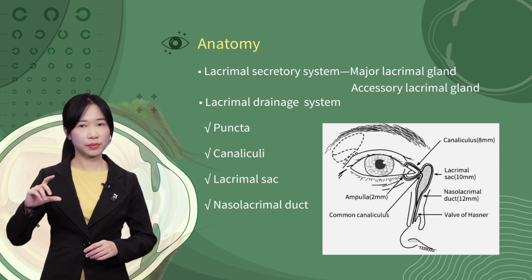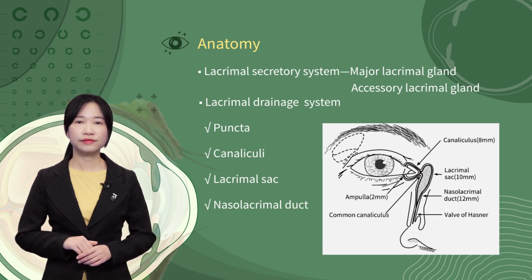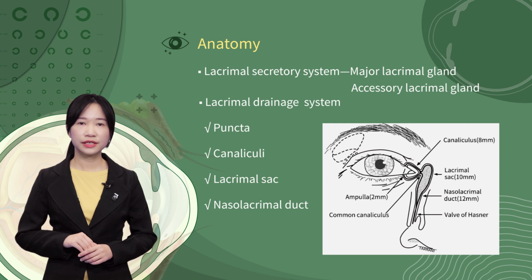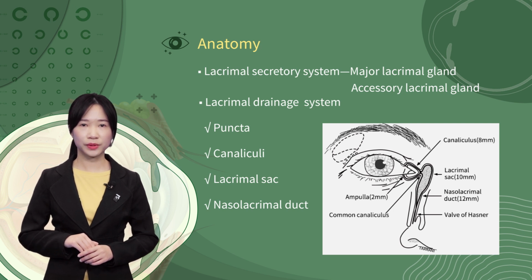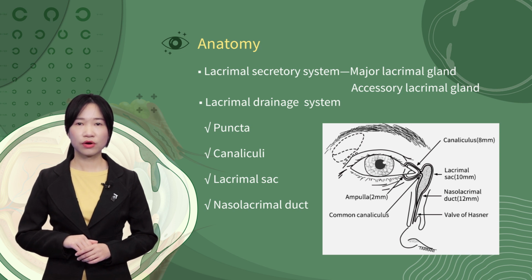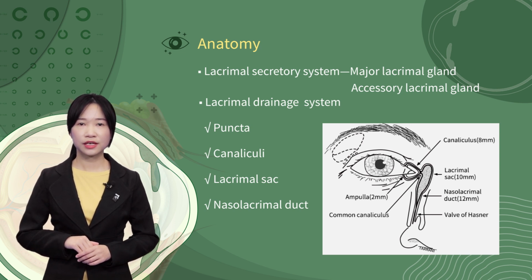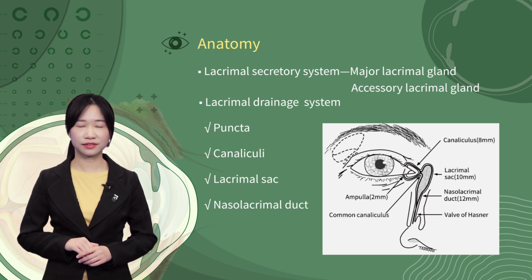The lacrimal sac is about 10 mm long and sits in the lacrimal fossa in the anteromedial wall of the orbit. A downward extension of the lacrimal sac, called the nasolacrimal duct, about 12 mm long, enters the nasal cavity. The opening of the nasolacrimal duct is a mucosal flap called the valve of Hasner.